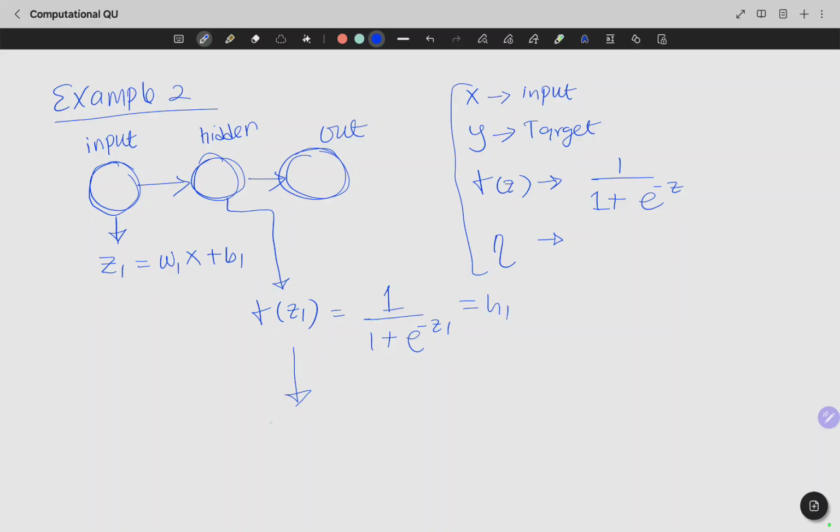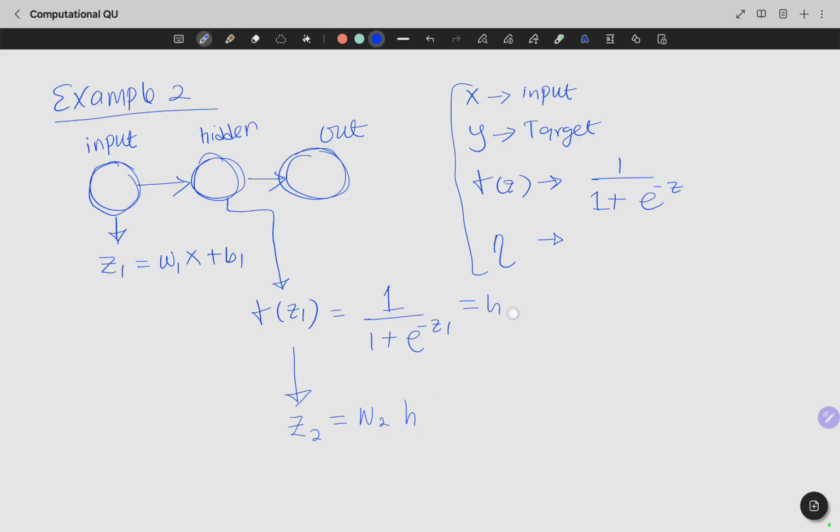So H1 will be producing Z2, which is W2H.